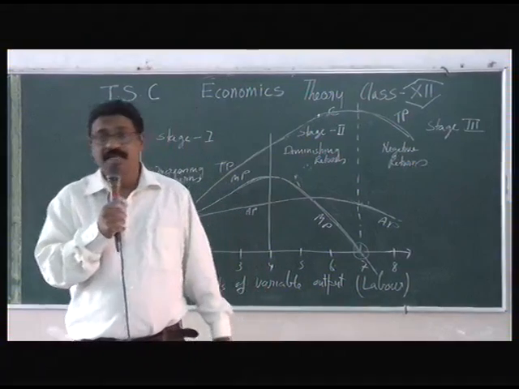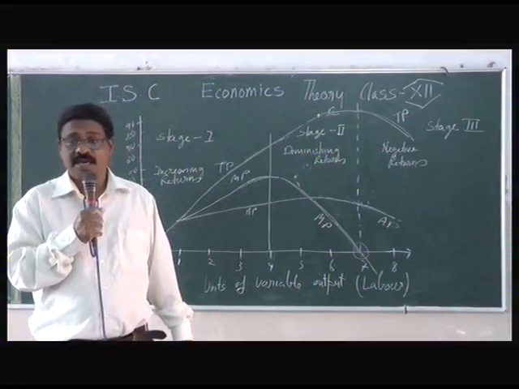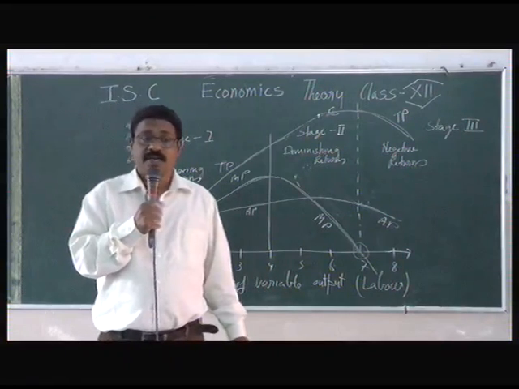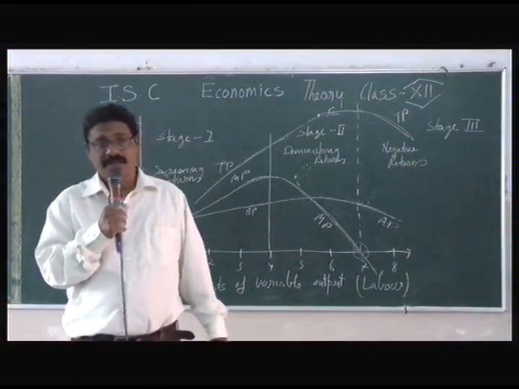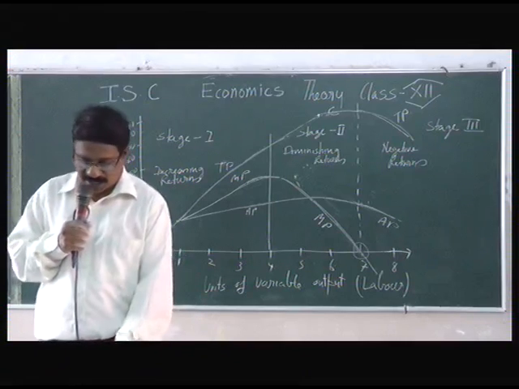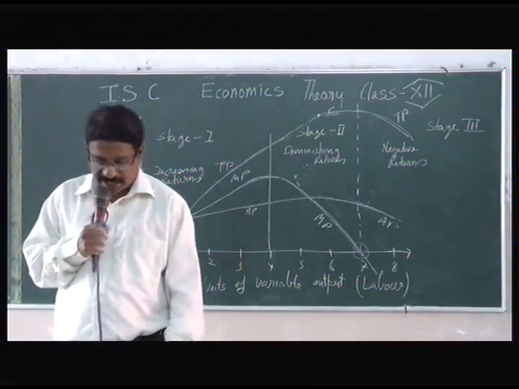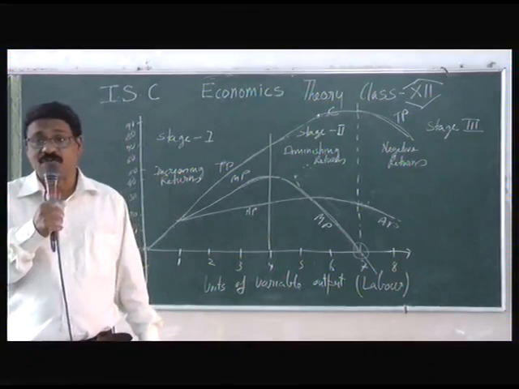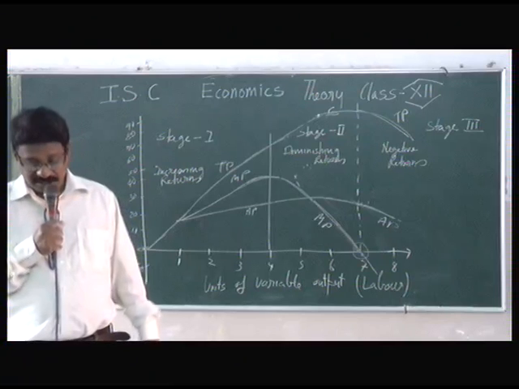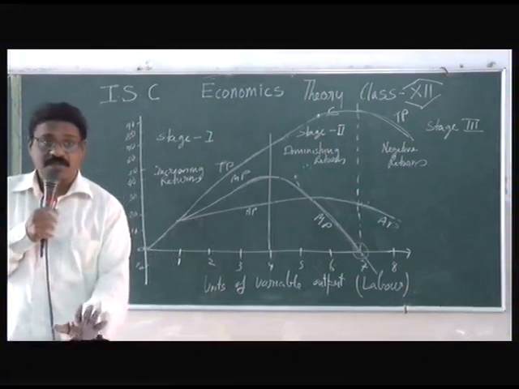The second concept I started today is the production function. What is long run? What do you mean by short run? The difference between short run and long run. And then I came to the short run and explained returns to a factor: average product, marginal product, total product and the graph.